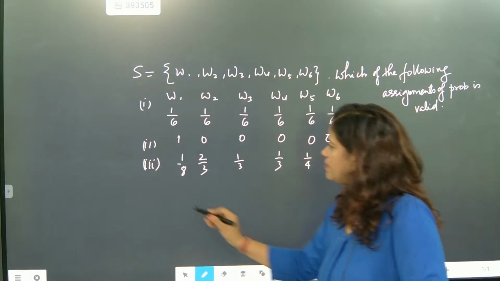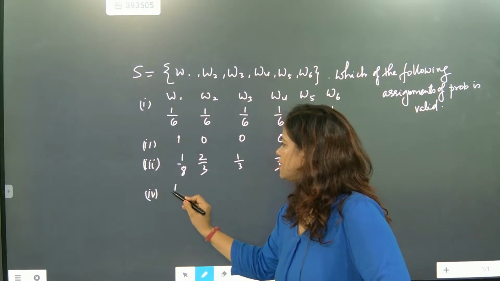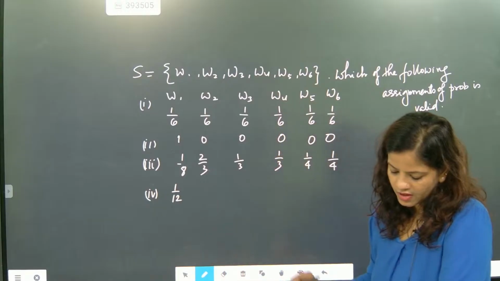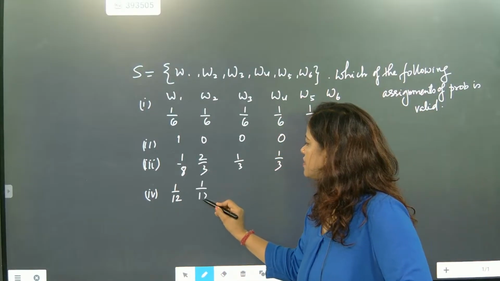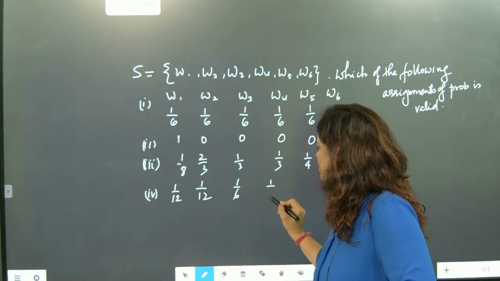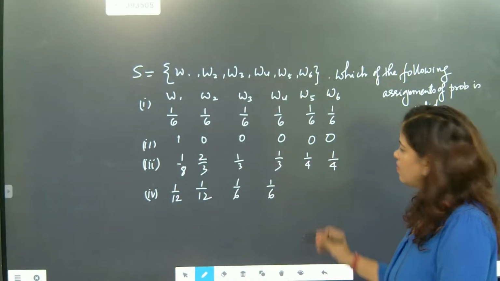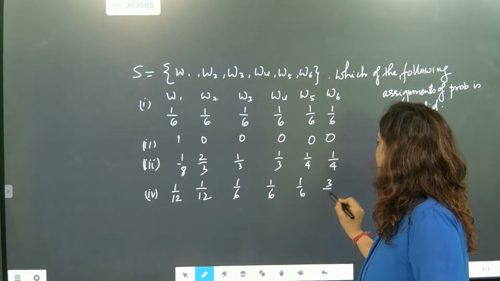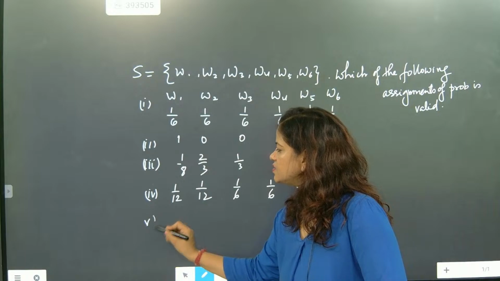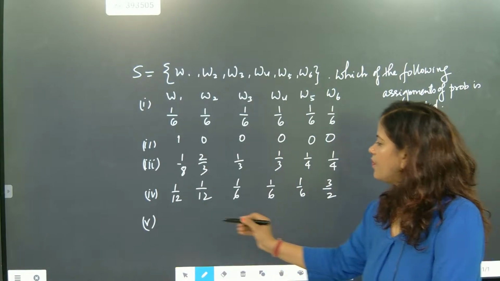Next one is 1/12, 1/12, 1/12, 1/6, 1/6, 1/6, 3/2. Understood? And next one is beta 0.1.